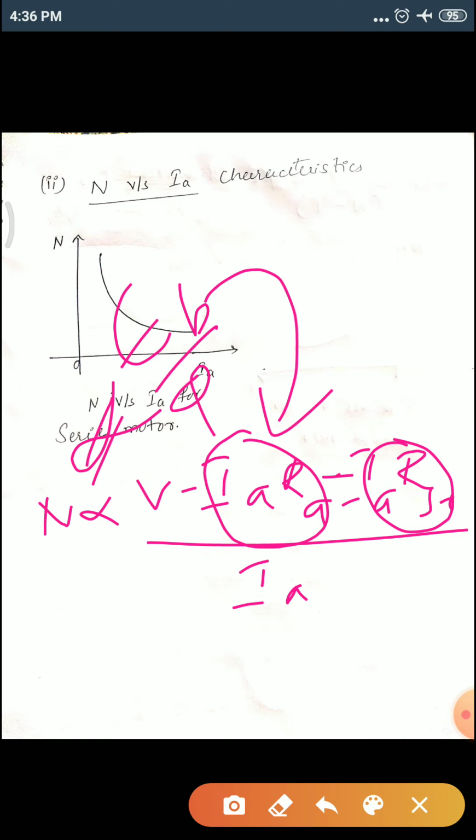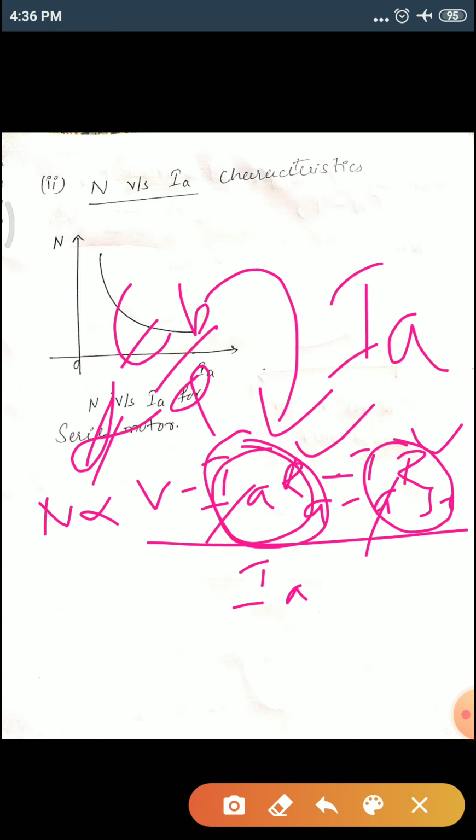Due to this, RA and RSE have very small values, and this is going to compensate however IA changes. Then this voltage drop remains the same, meaning lesser values. Therefore the difference of V minus this product is very less.